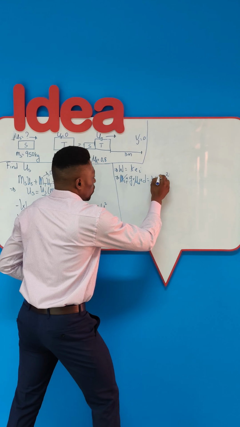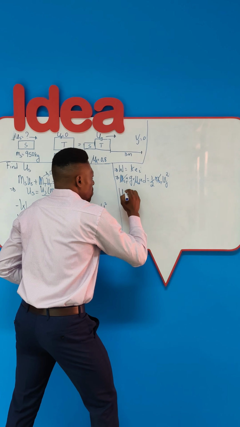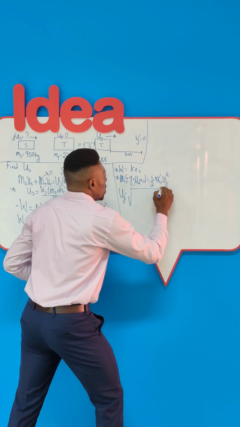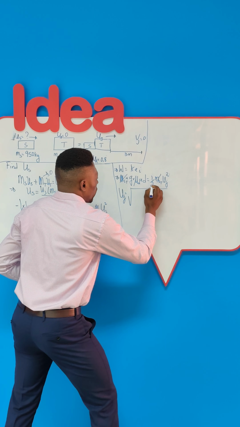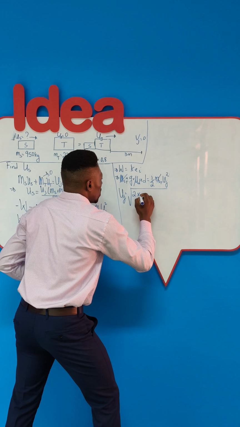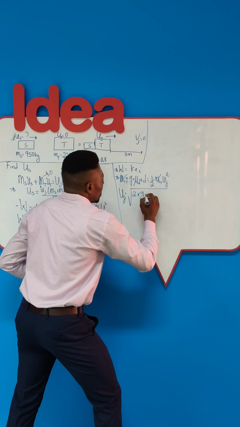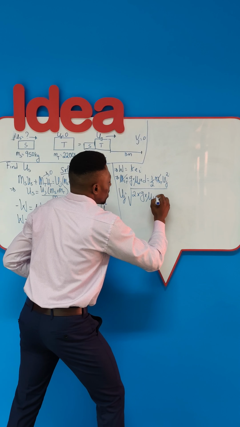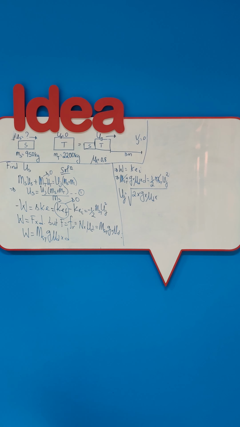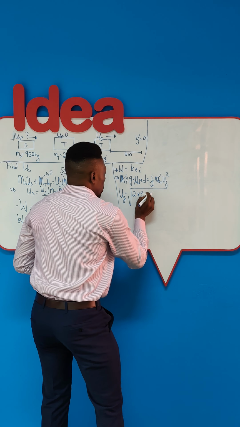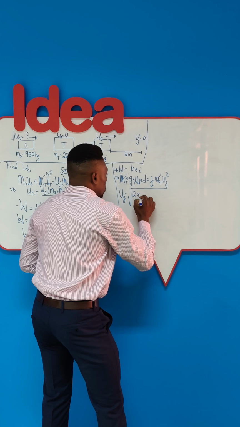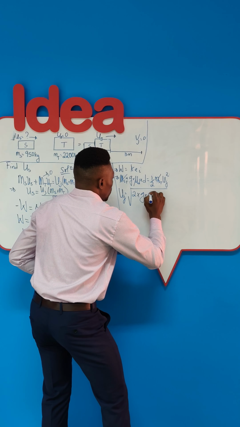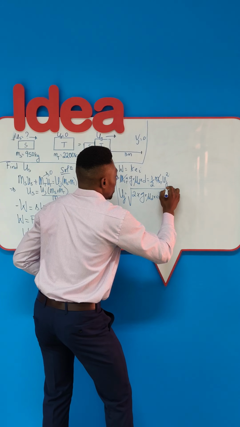So the mass falls off, and if you correctly make Uj the subject, this is going to be equal to the square root of 2 times g times mu d times d.